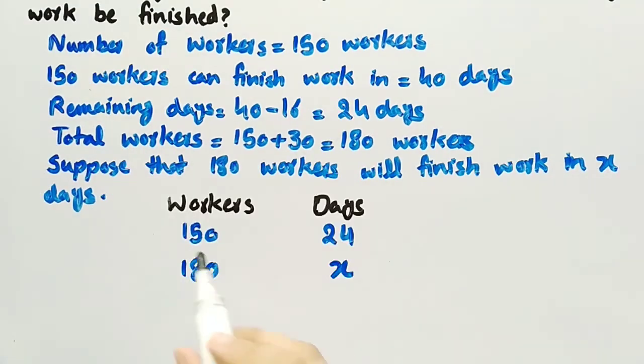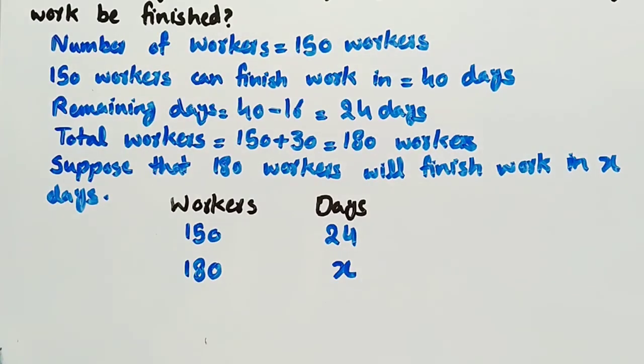Here we have written workers and days. 150 workers were working on the project for 24 days, and after that the number of workers was increased to 180. And we have to find the number of days that 180 workers will take to finish their work. So we have represented the number of days by X, since we have to find them.